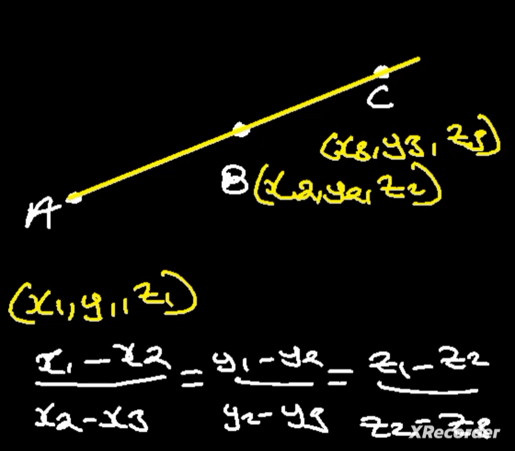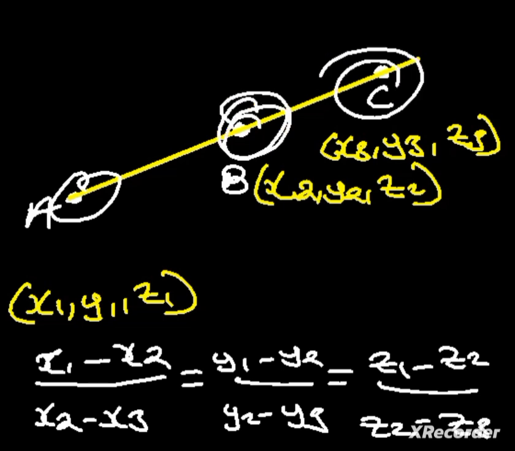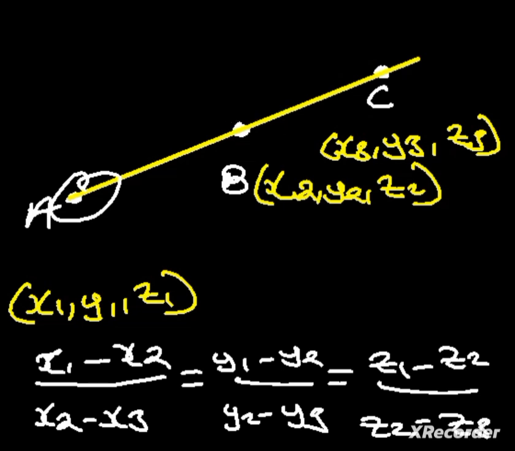So which means the rate at which x changes from point A to point B should also be the same from point B to point C, and likewise for y as well as z. So this is the condition that satisfies the points to be collinear in space.